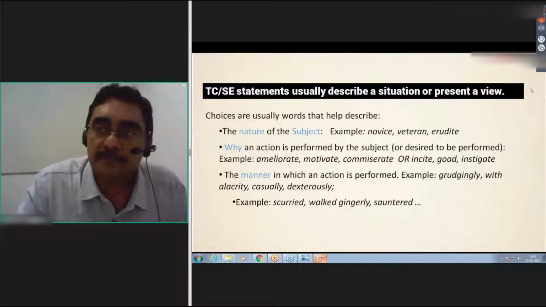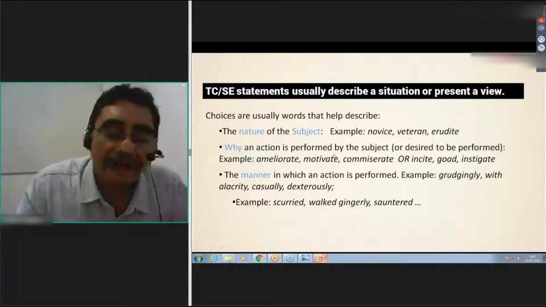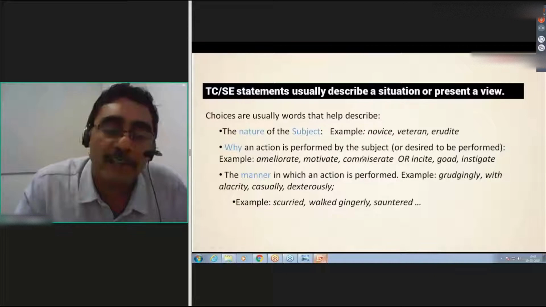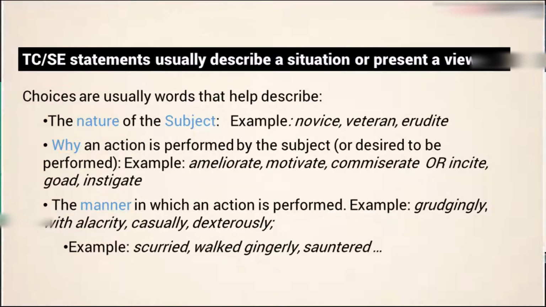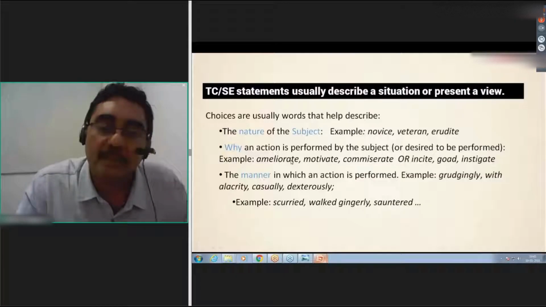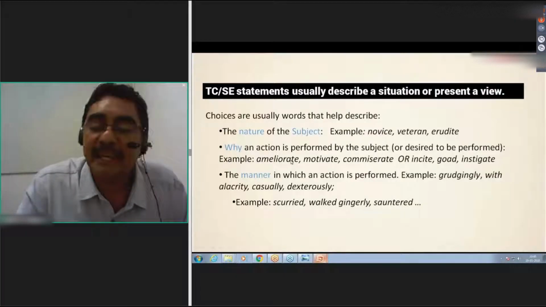That is one. Learn words which tell you why a particular action is performed. So words like ameliorate. Ameliorate means to reduce the intensity of somebody's, usually pain. Like somebody has a physical pain, and then there is a painkiller drug. It ameliorates his suffering, right?